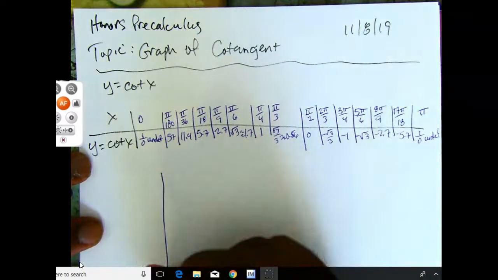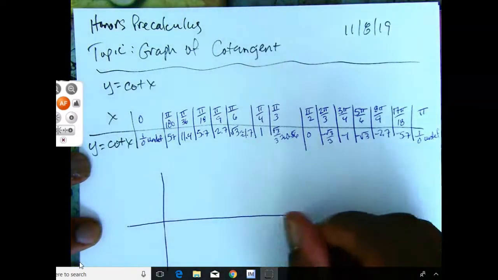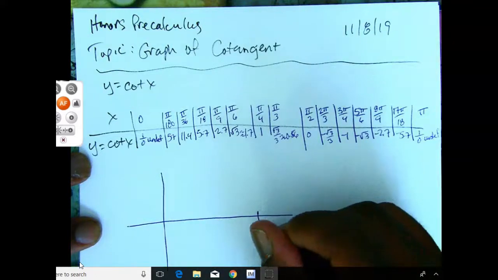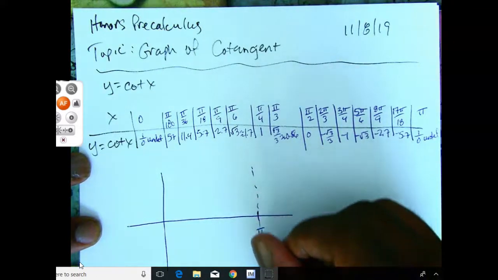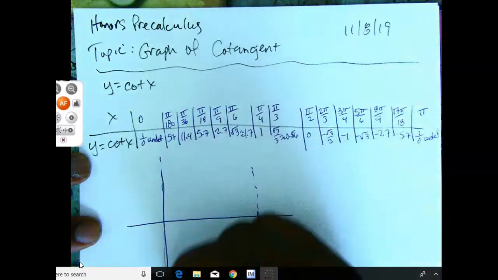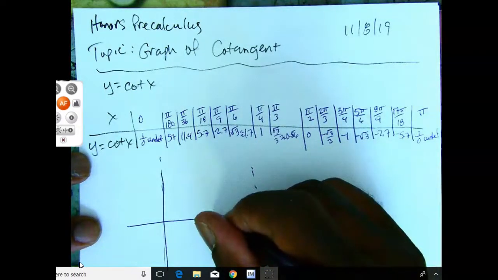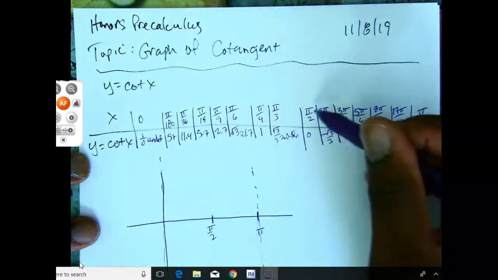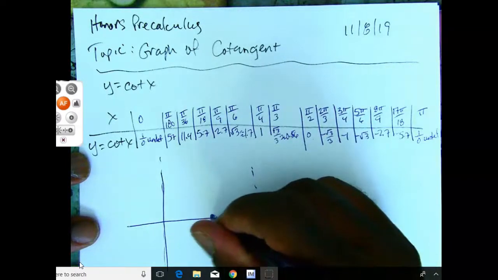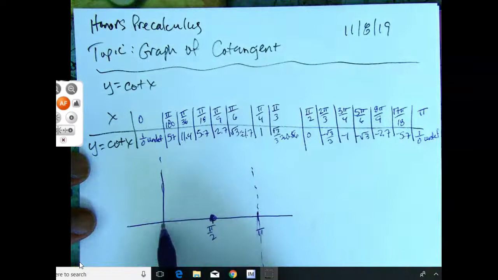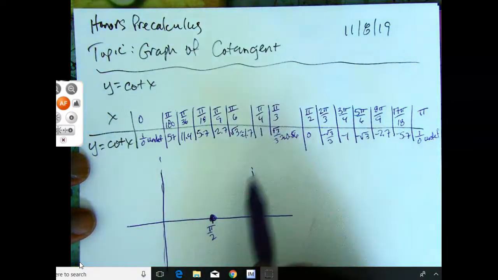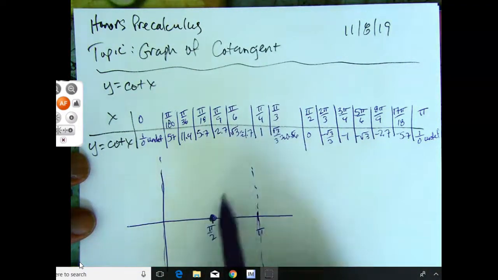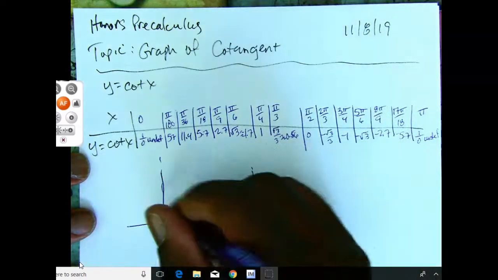The graph looks like this. So we're going to get vertical asymptotes at 0 and at pi, halfway between 0 and pi over 2. At pi over 2, cotangent is equal to 0. At the quarter way, between 0 and pi over 2, which is pi over 4, we see that cotangent is 1.